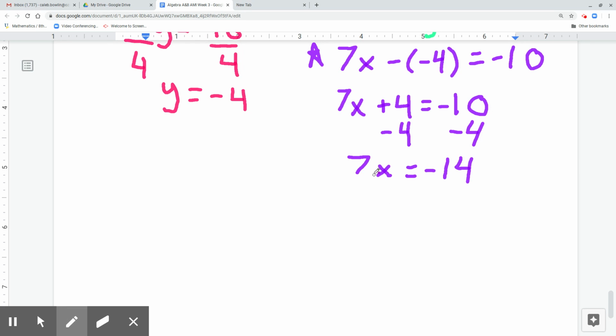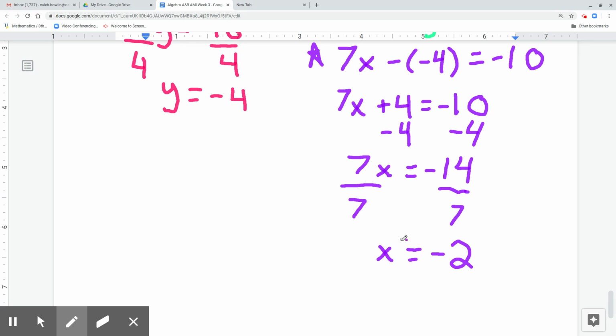And now you have an easy one. 7 times what is equal to negative 14? Or if we use inverse operations using the division property of equality, we'll divide both sides by 7, and we'll end up with x is equal to negative 2. There's that negative divided by a positive again, so my answer was negative.